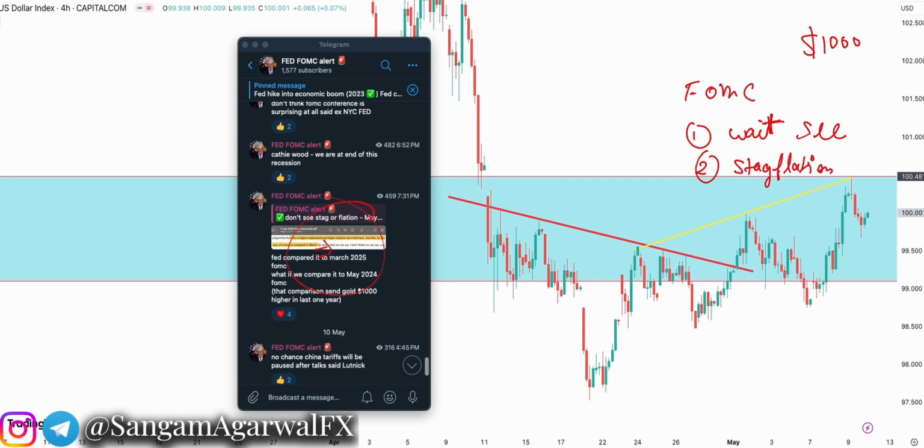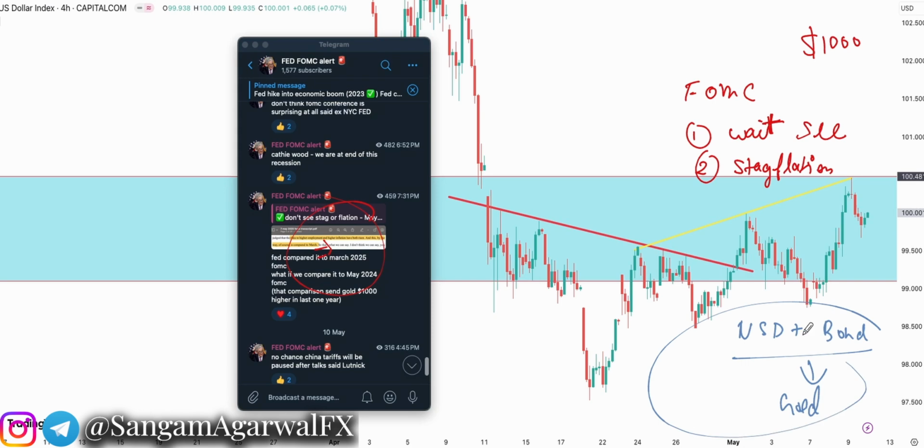If we see asset prices in stagflation, investors were dumping the dollar, they were dumping US treasuries, and they were buying gold. So if stagflation continues, that means this trend will continue.